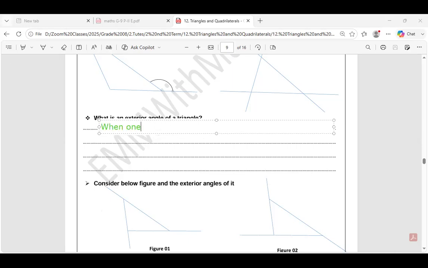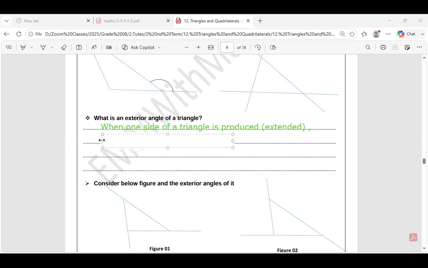When one side of a triangle is produced or extended, within bracket you can write extended. It is for your knowledge: produced means big, extended. Next line.